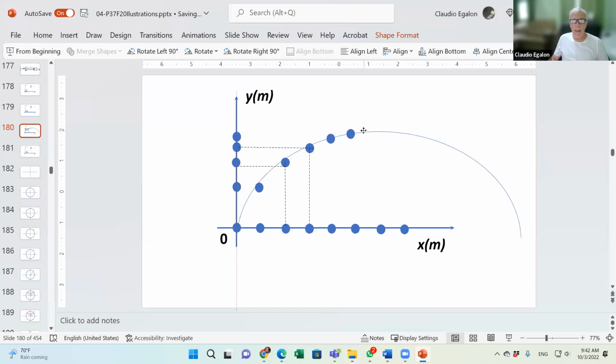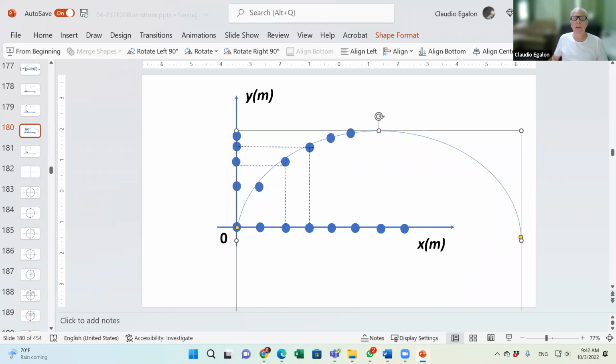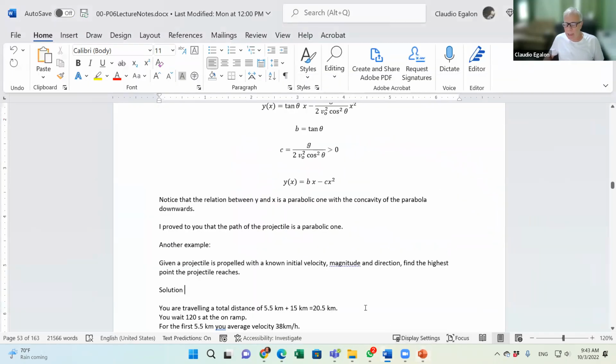It's just a matter of finding out, given the initial velocity and the motion of the projectile with an acceleration of 10 meters per second square, find the highest point. So I want you to think about that.